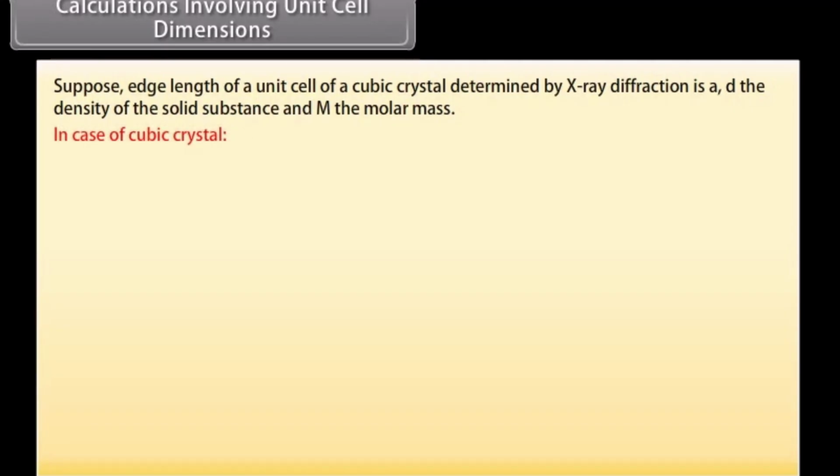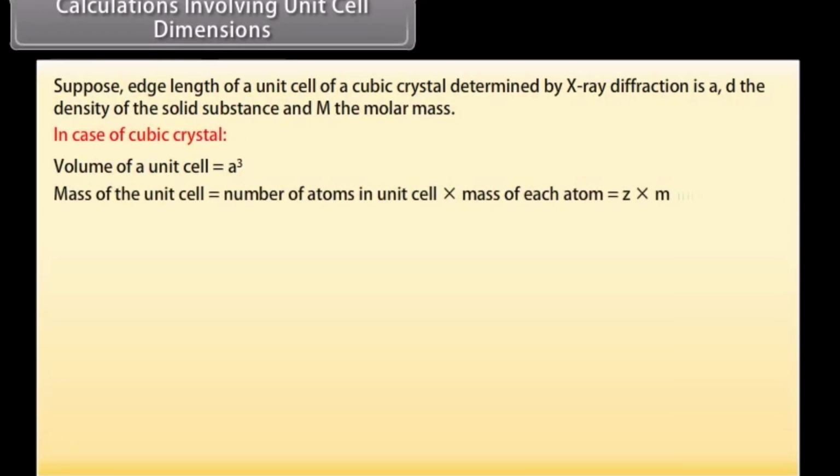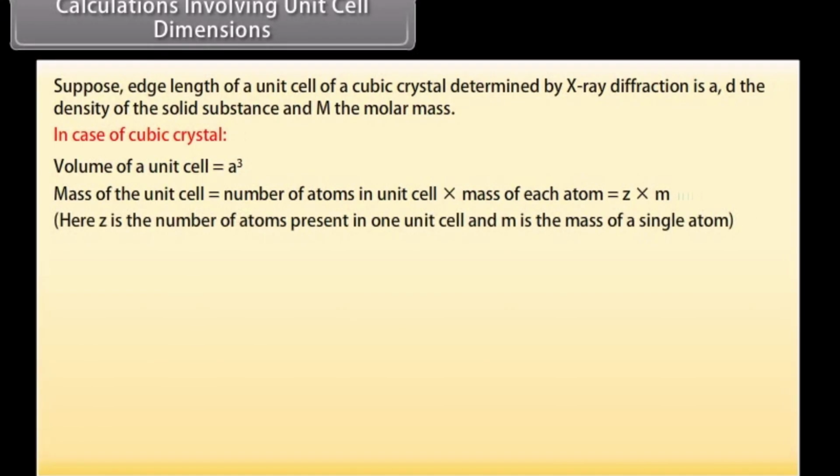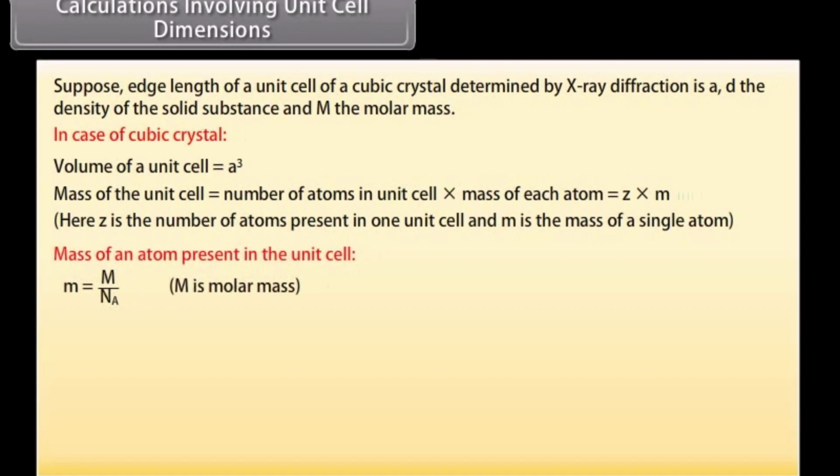In case of a cubic crystal, the volume of a unit cell is equal to a³. The mass of the unit cell is equal to the number of atoms in the unit cell times the mass of each atom, which is equal to Z times m. Here, Z is the number of atoms present in one unit cell and m is the mass of a single atom. The mass of an atom present in the unit cell, m, is equal to M upon N_A.